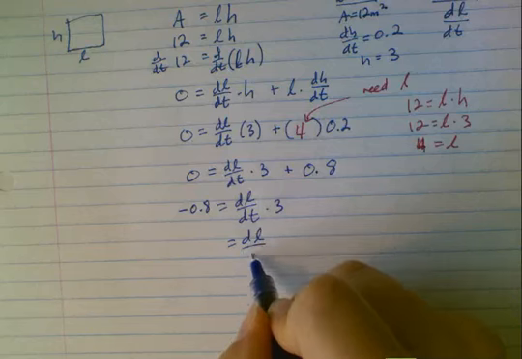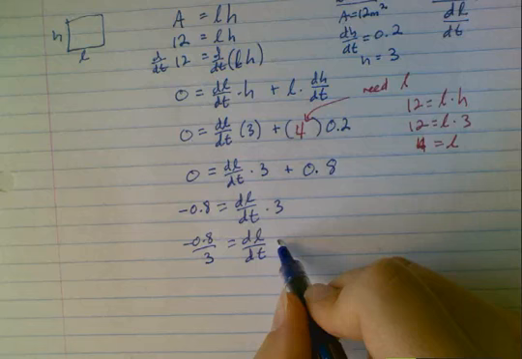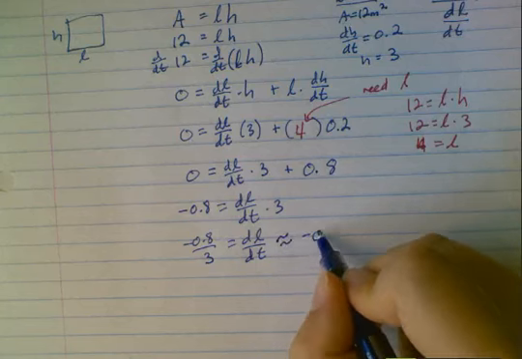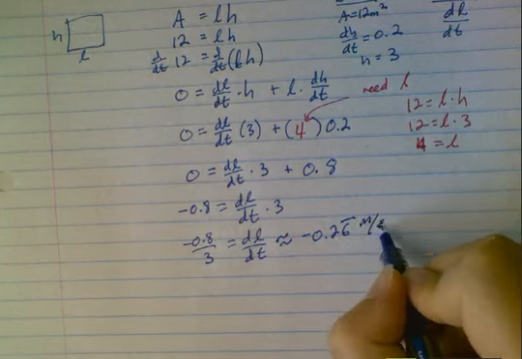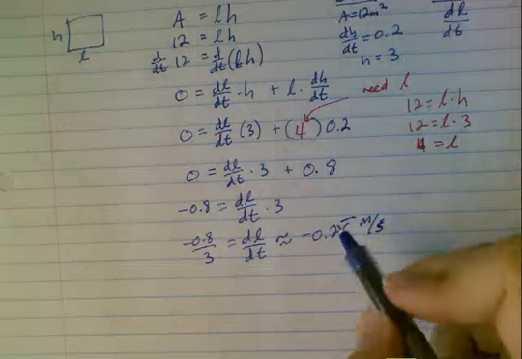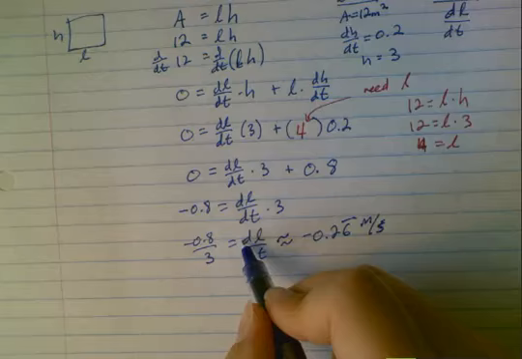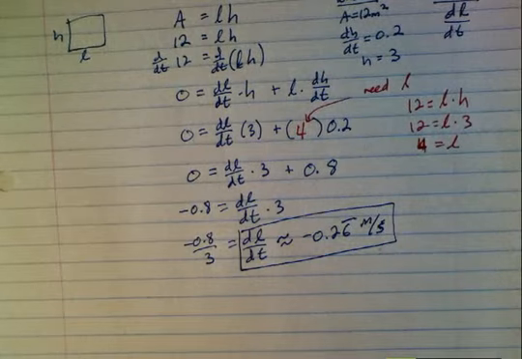Divide by 3. Approximately negative 0.26 repeating meters per second. You do that in the calculator. That concludes these notes.